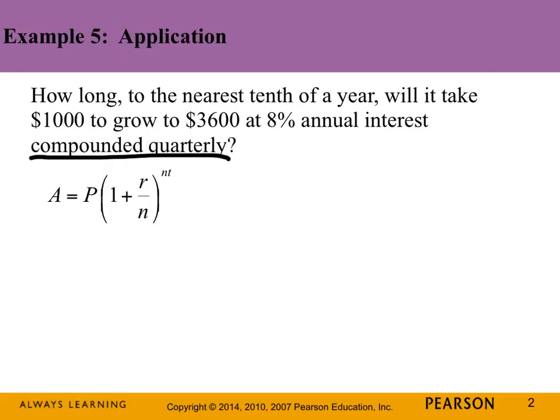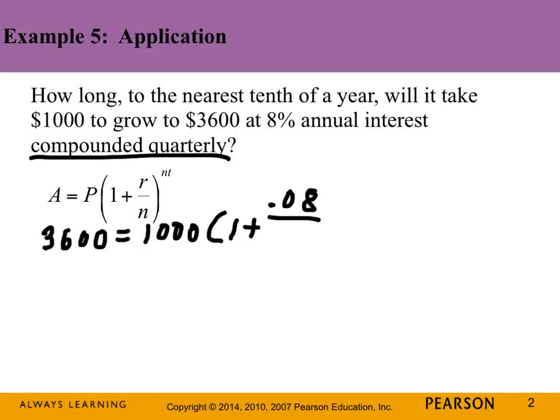So we need to know what the amount we want to grow to is: 3,600 equals your principal of 1,000 times 1 plus the rate as a decimal, 0.08, over compounded quarterly. That means 4 times per year, raised to the 4 times, and we don't know how many years. That's what we're trying to find out.